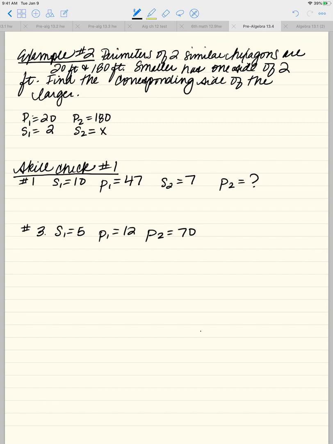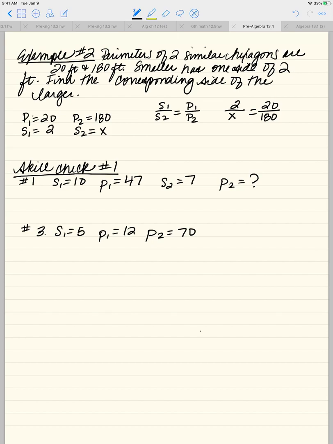Go ahead and set up your ratios. Do side 1 over side 2 is equal to P1 over P2. So 2 over X is equal to P1, which is 20, over P2, which is 180.